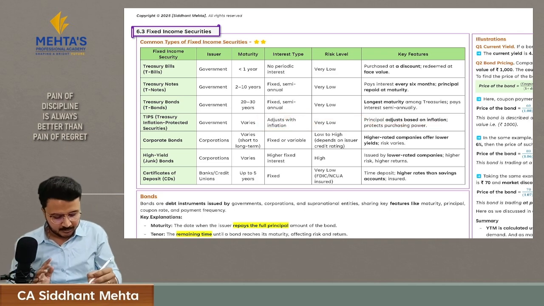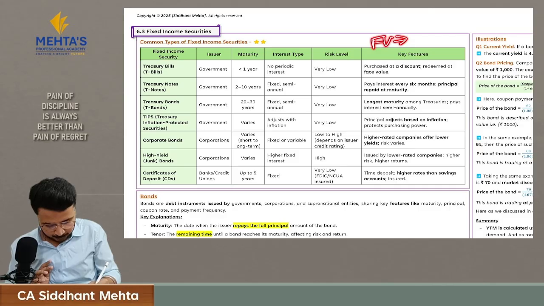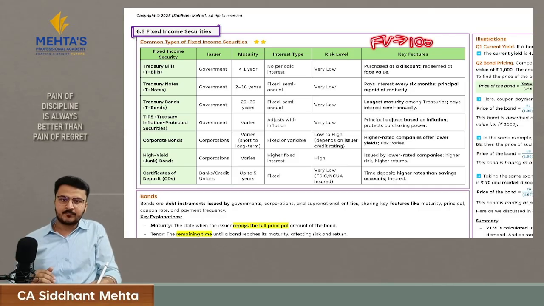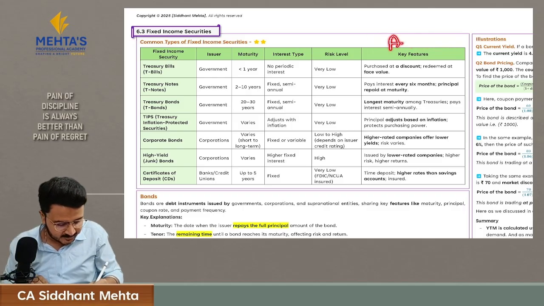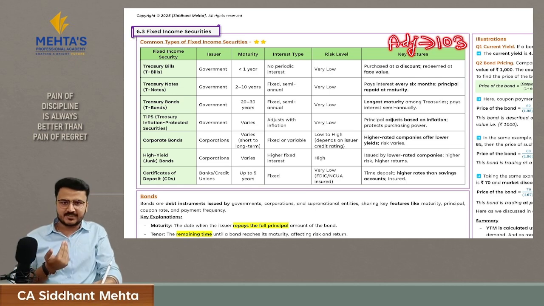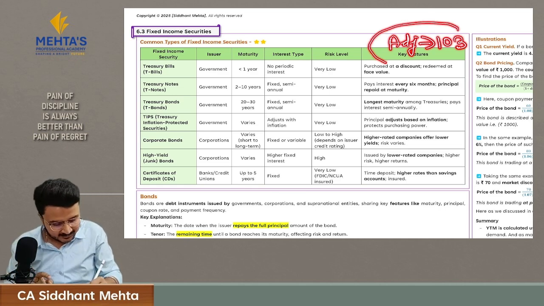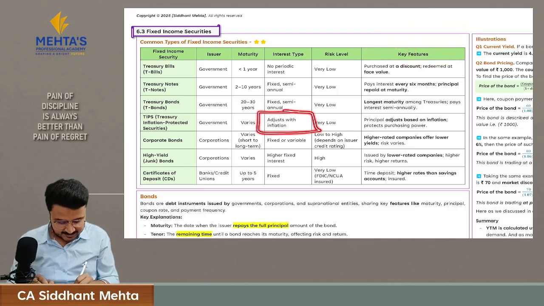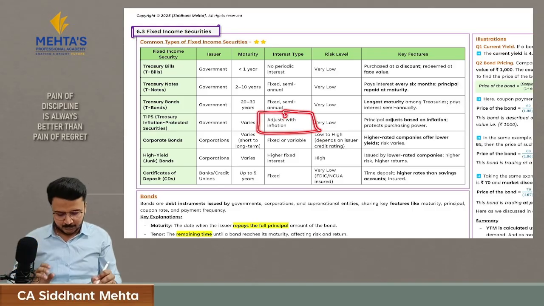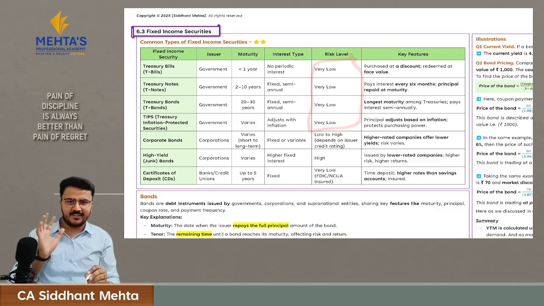To give you an example, if the face value of your security is 100 rupees and at the time of making interest payment there has been an inflation of 3%, so your principal will be adjusted by the inflation and the adjusted principal will be 103 rupees, that is after considering this 3%, and your interest will be paid on this adjusted principal. Hence it is called interest which is adjusted with inflation. So all the securities which are issued by the government have a very low level of risk.